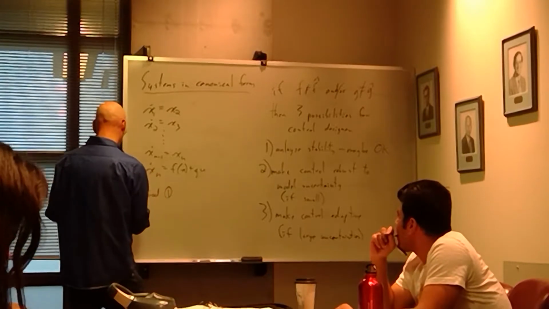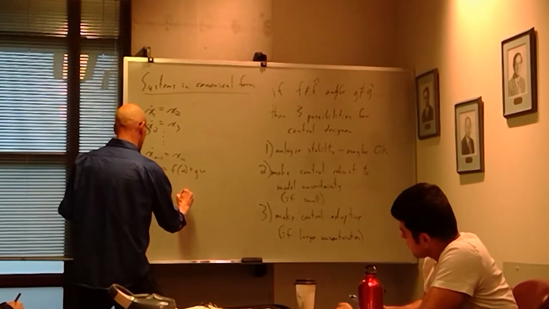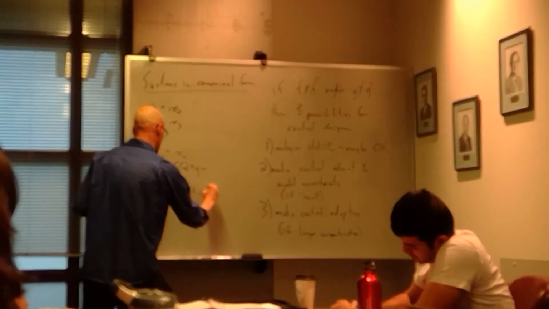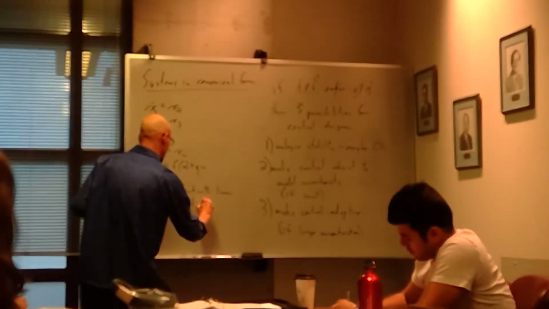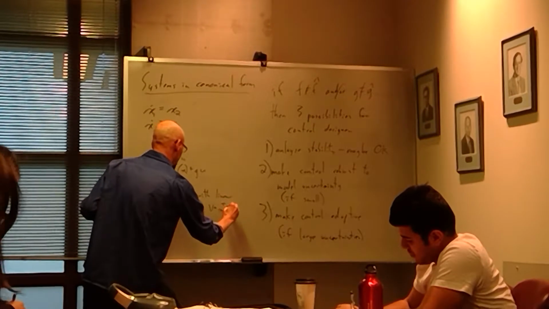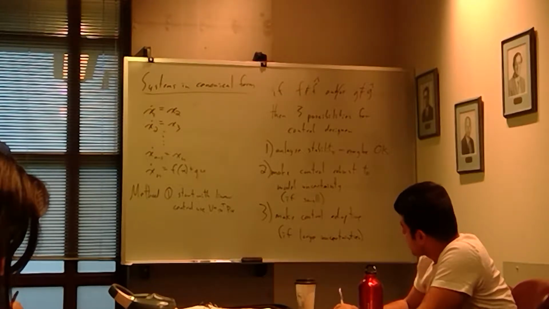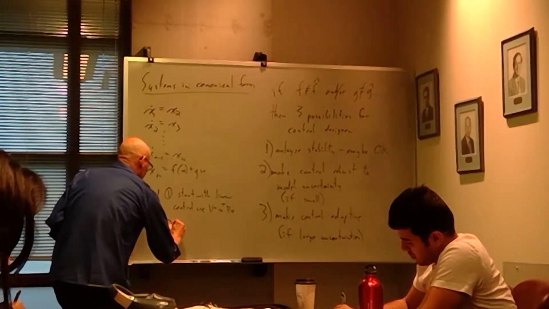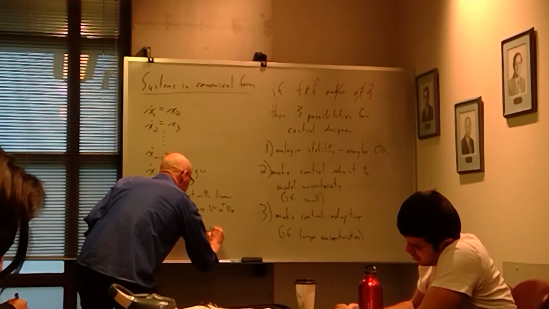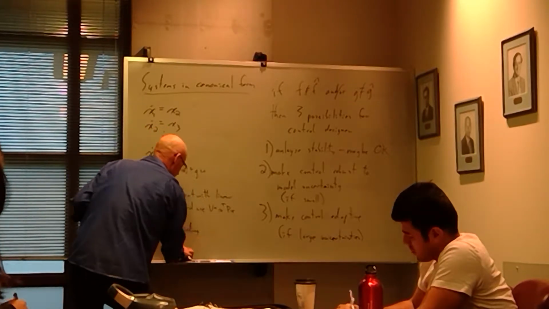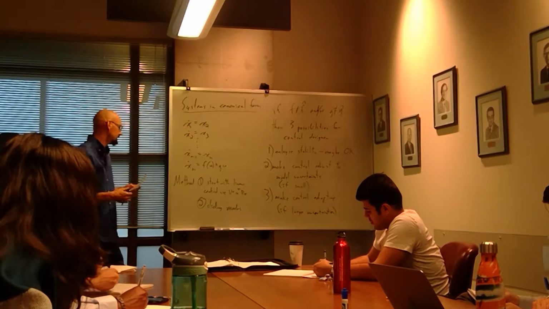Method one is to start with linear control and use V equals x transpose Px. We looked at Lyapunov functions like that before, so we're going to apply the same methods we'd already learned in class. The second way to do it is what's called sliding modes. This we don't know yet, so I'll teach this to you today. Those are your two possibilities.